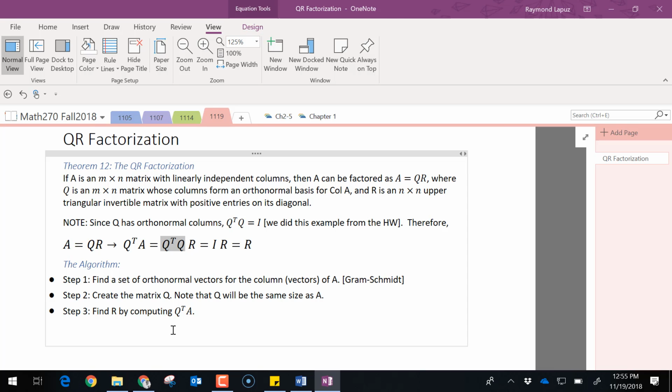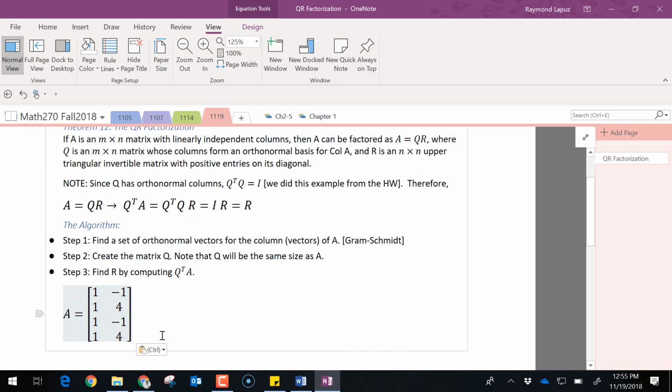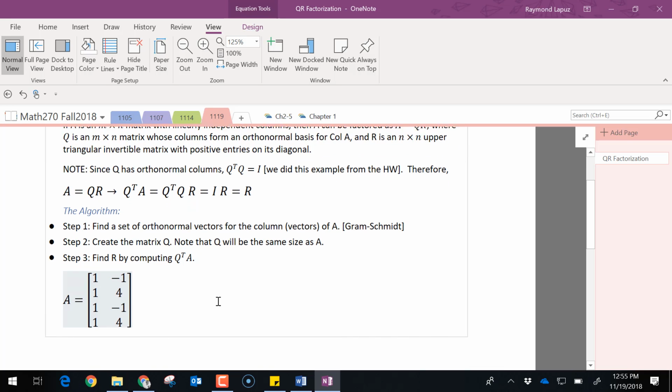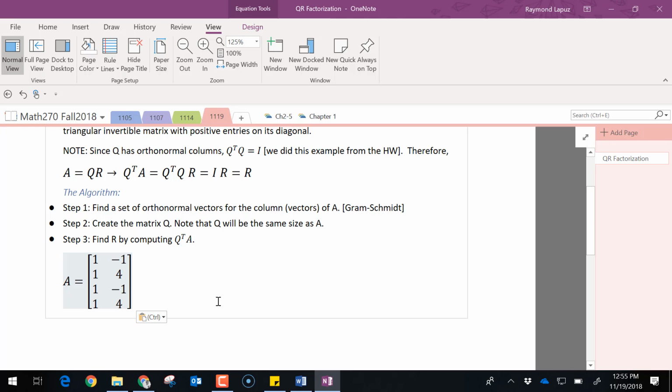All right, let's try to do an example where we have a 4 by 2 matrix, and we're going to try to find a QR factorization of this matrix. According to the algorithm, the process tells us to find an orthonormal vector set for the column vectors.